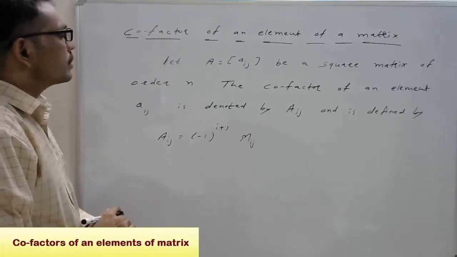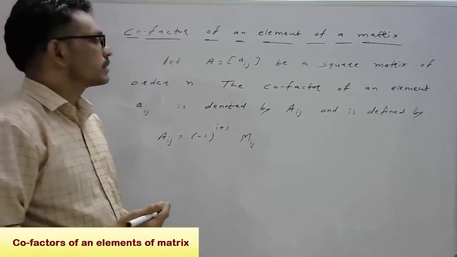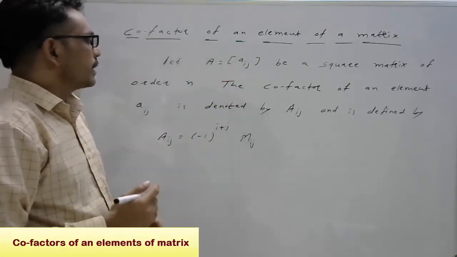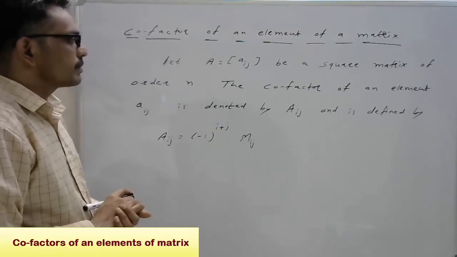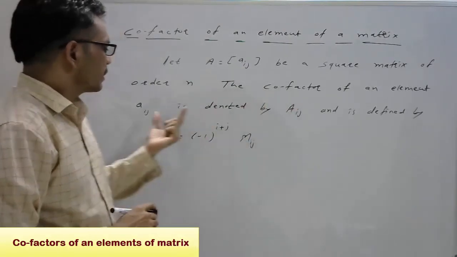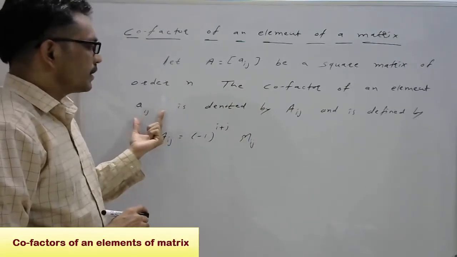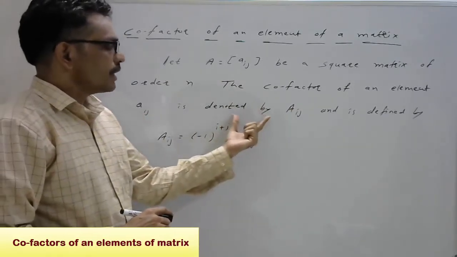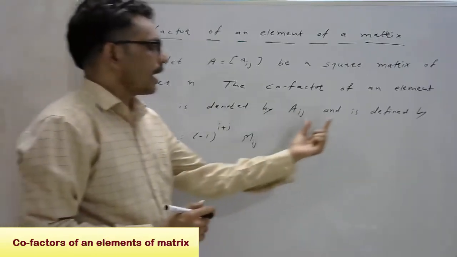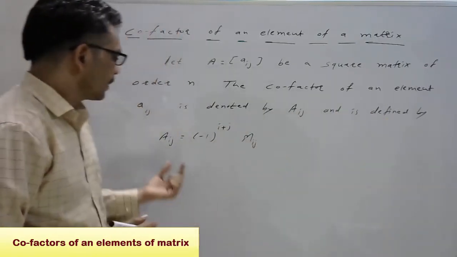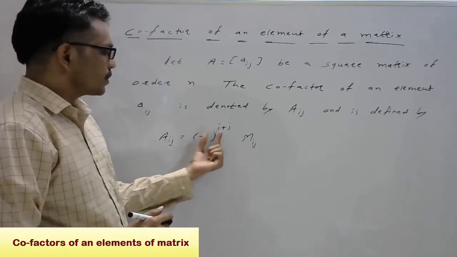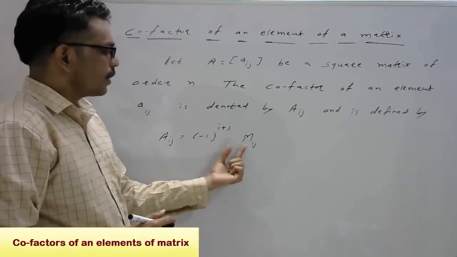Now, cofactors of the elements of a matrix. A is a square matrix of order n. The cofactor of an element aij is denoted by capital Aij and is defined by Aij equals minus 1 raised to i plus j, into Mij.